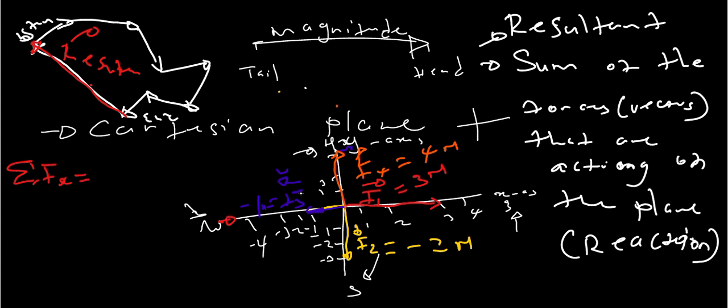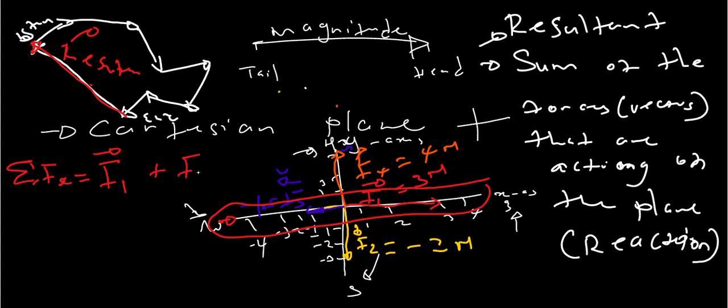We have F1 going to this side, and we also have F3, which opposes the direction of F1.